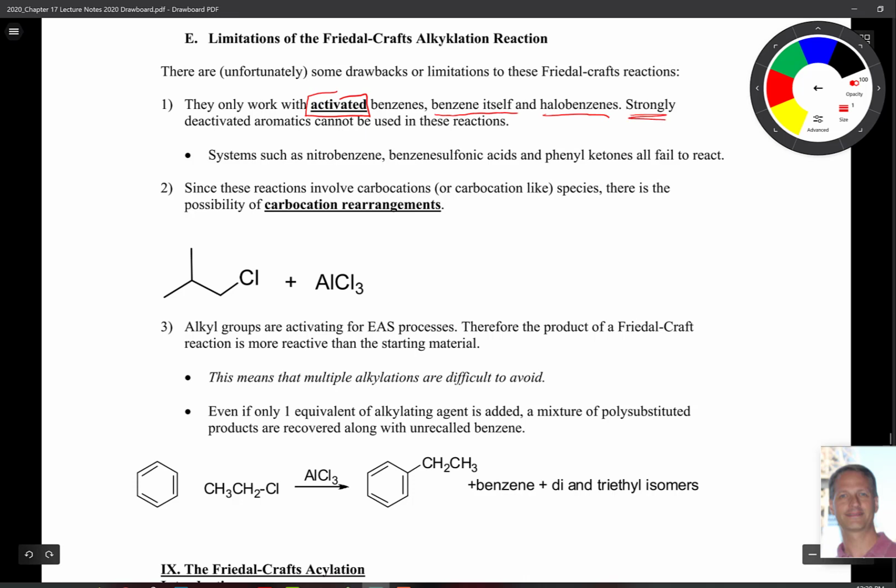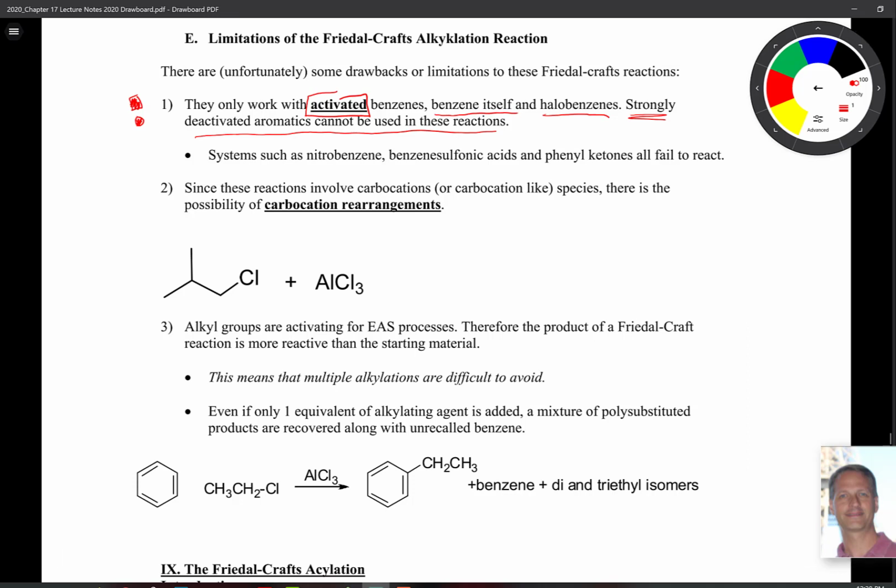So strongly deactivated aromatics cannot be used in these reactions. So nitrobenzene, benzene sulfonic acids, phenylketones, right? All those types of things fail to react. It's a key thing to remember, and it's one of those things that pops up over and over again because it's a good question to ask on exams, for example.